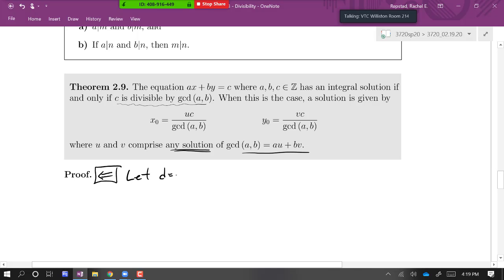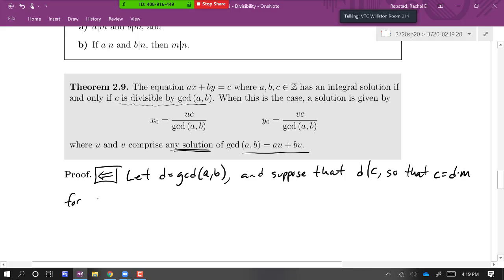So let's let D be the greatest common divisor of A and B, and suppose that D divides C. So that C is D times M for some integer M. So this means that M is C over D.